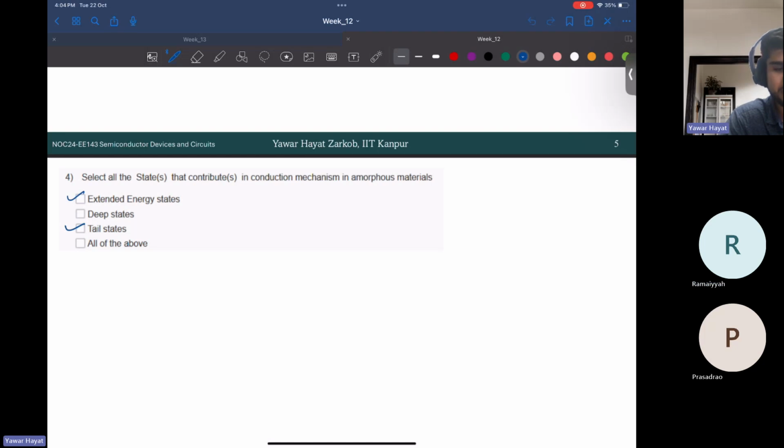I mean, as far as I know, deep states shouldn't contribute to the conduction mechanism in amorphous semiconductors. But in sir's slides, it's mentioned that there is hopping conduction mechanism in deep states. Yes, hopping mechanism is there. Variable range hopping. If sir has categorically mentioned it in the slides, did you mail the instructor?